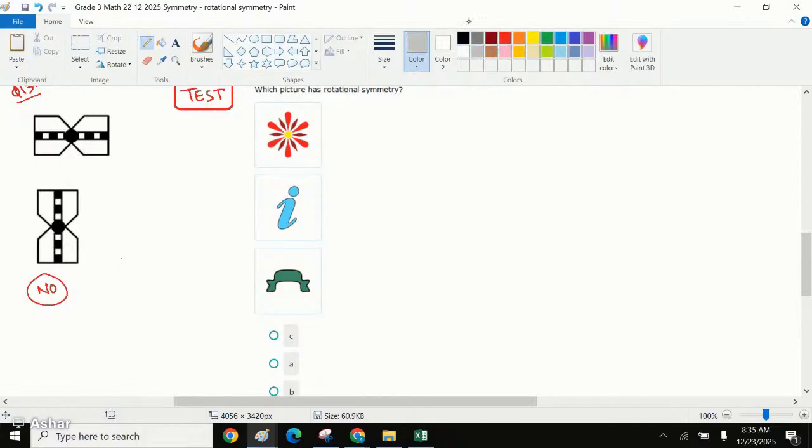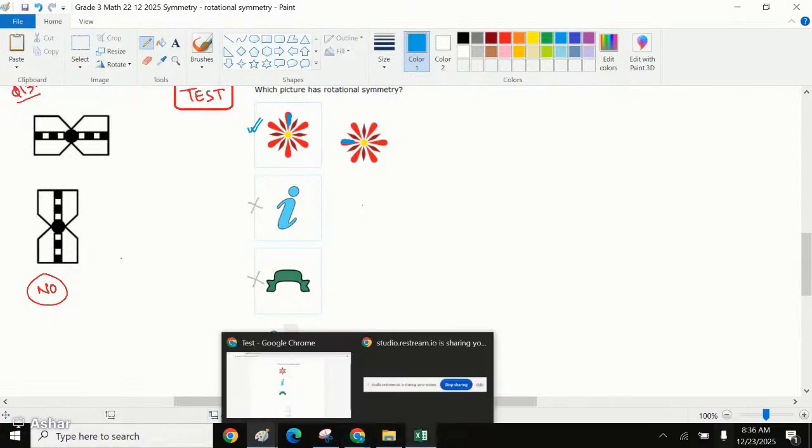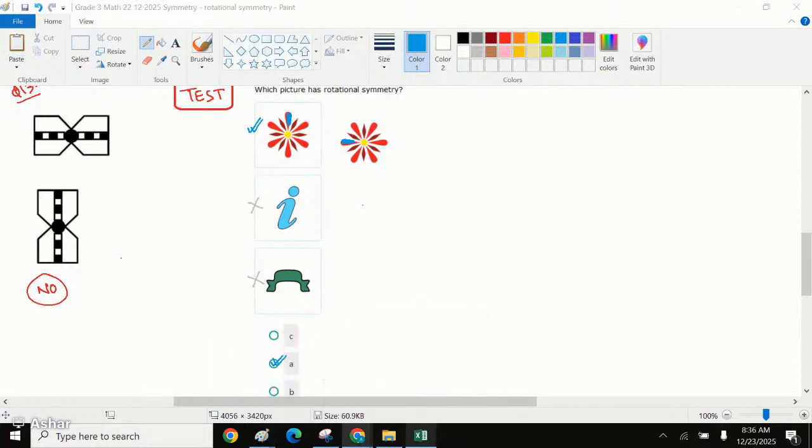So we know that C does not have it. But if this shape was like this, even after we rotate this, the shape looks exactly the same, right? So we know that shape A had the rotational symmetry. So this would be our answer. A has rotational symmetry. Agreed? So we can say the first shape has rotational symmetry.